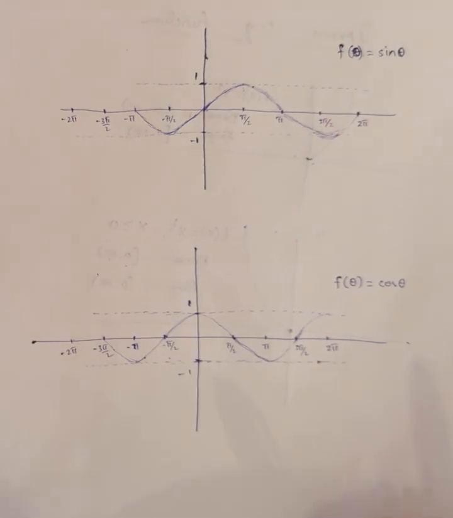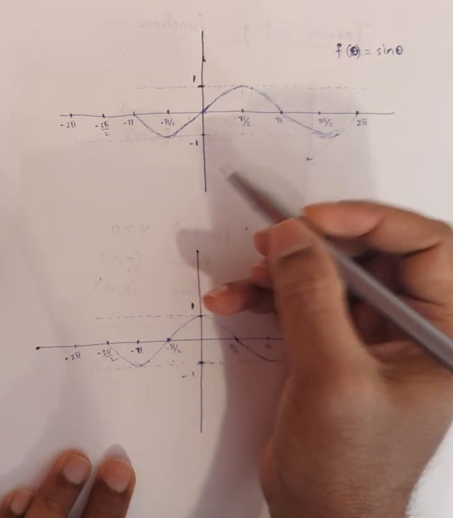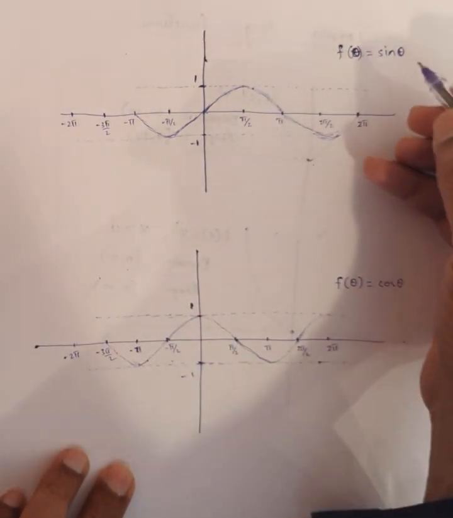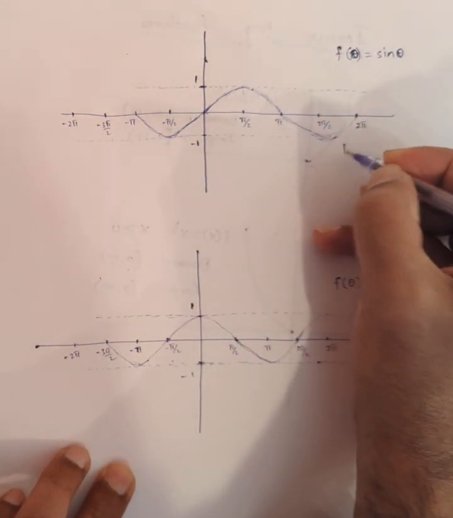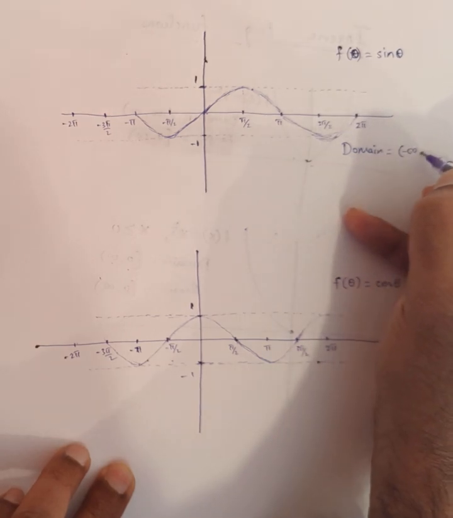So how do we restrict the domain? And just like with x square, we want to restrict in such a way that you're going to have all the values in the range. So let me actually go ahead and write the domain and range for the sine function. So here the domain is negative infinity to infinity.